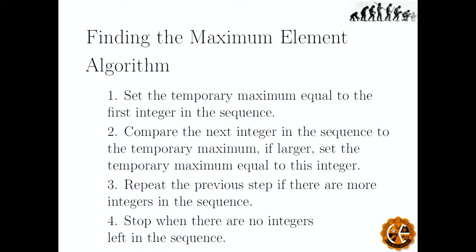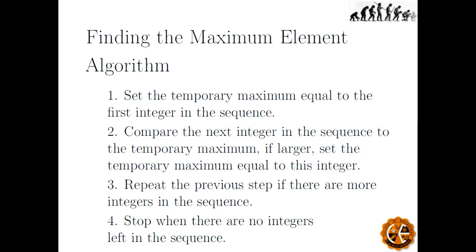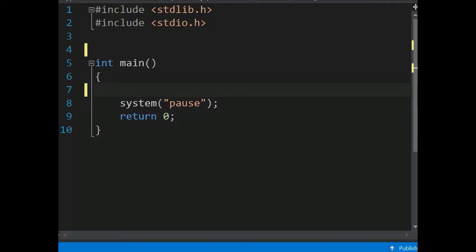So let's try to implement this, and before implementing it, let's just write the pseudocode. Before setting the temporary maximum to the first integer of the sequence, let's have the name for this algorithm. Say find max algorithm, and it's going to input an integer set.